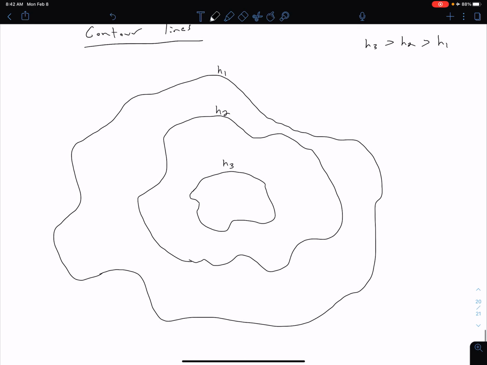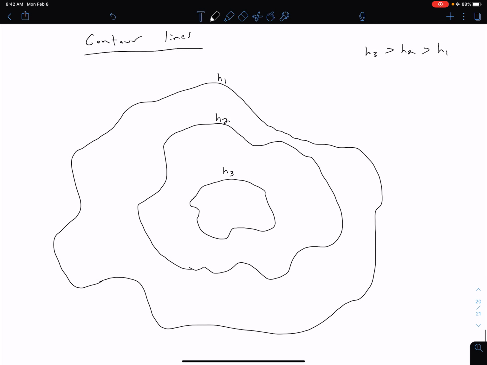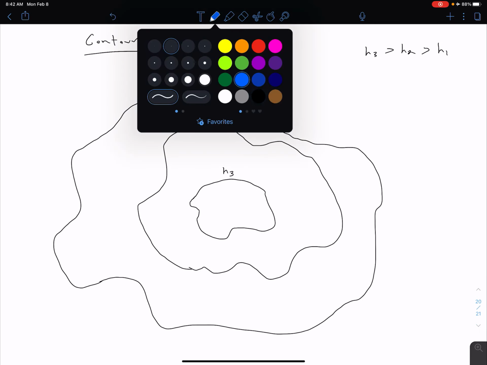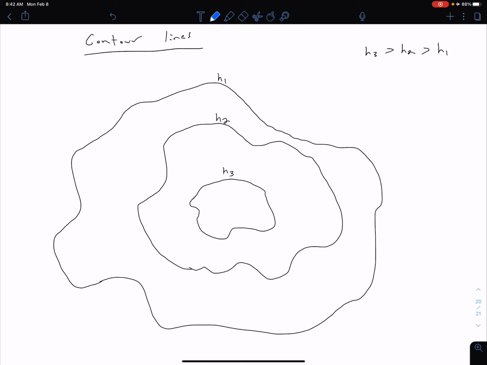It turns out we could write our gradient vectors. If we take a gradient at some point along our H1 contour line, we would have maybe a vector here. Let me do this in a way I can draw it a little easier.